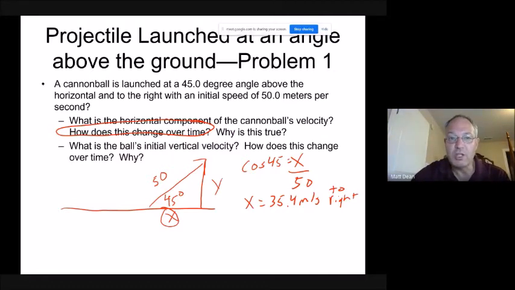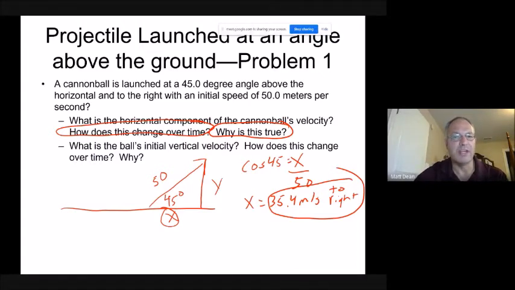Since there's no horizontal force, there's no horizontal acceleration, which means the horizontal component starts off at 35.4 to the right, and throughout the entire problem, it remains 35.4. So the answer to how does it change over time, it doesn't. The reason that's true is that there's no horizontal net force acting on that cannonball.